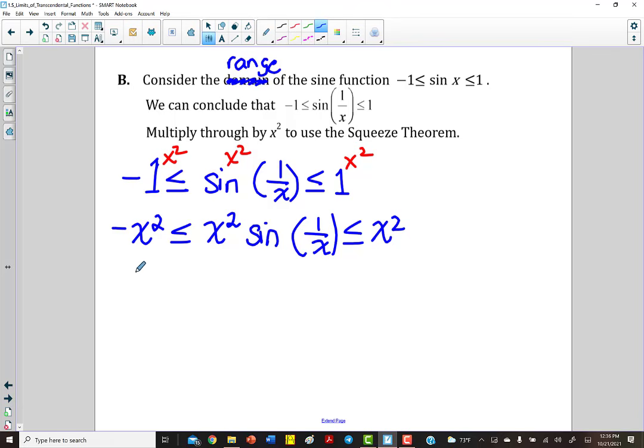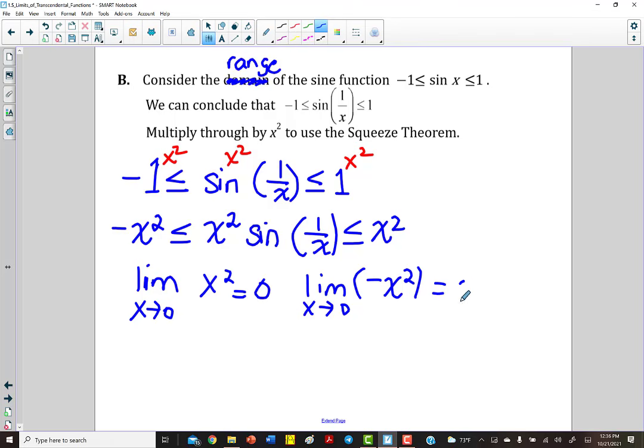This is my original limit. And we know that the limit going to 0 of x squared is 0. And we also know that the limit going to 0 of -x squared is also 0.